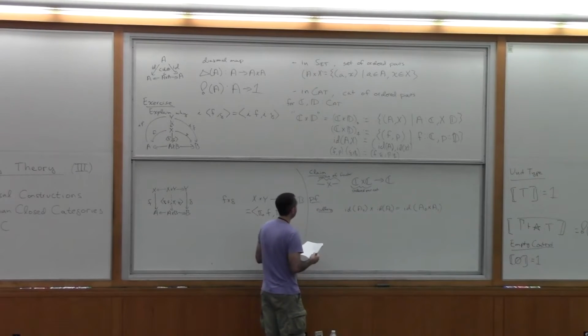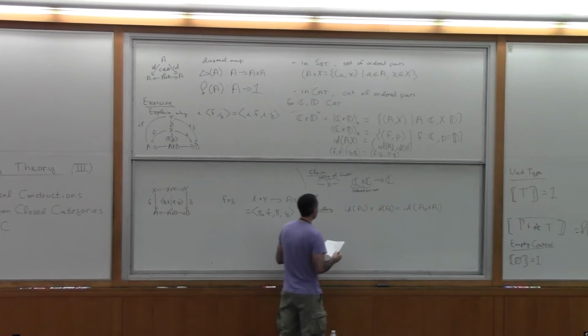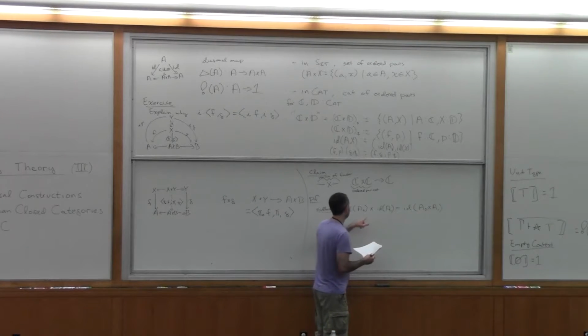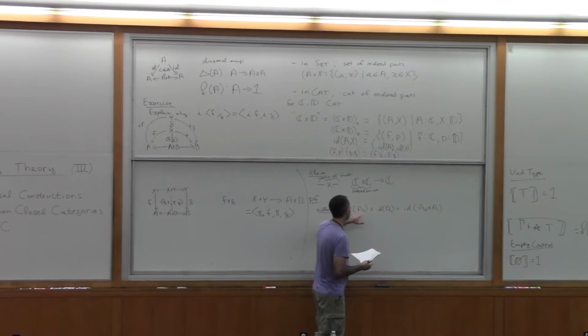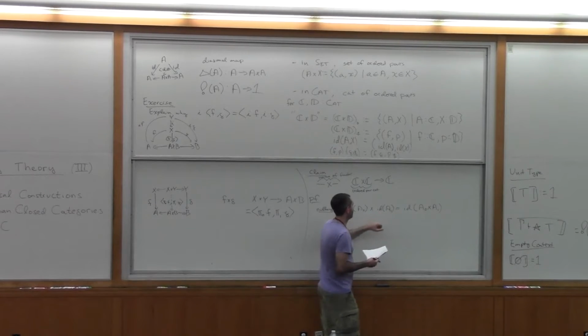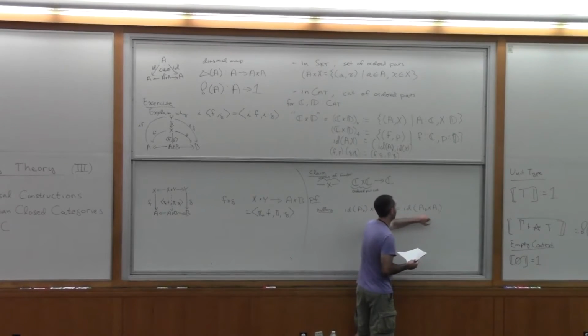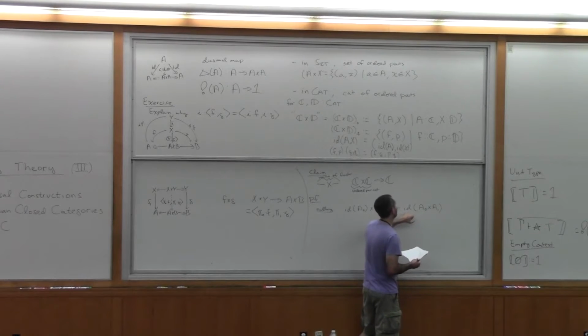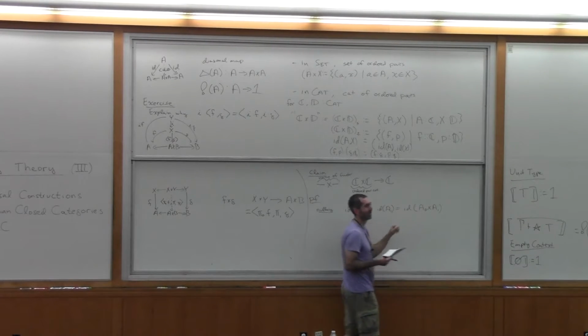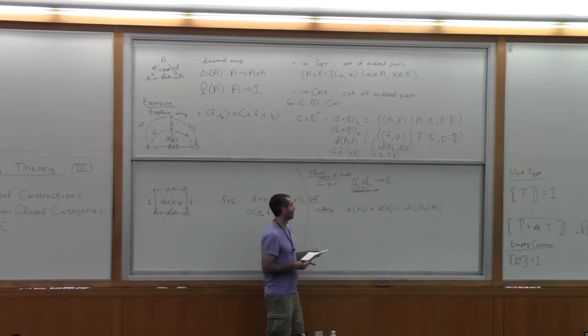Because this is the functor image of the identity maps, whereas this is the identity map on the functor image of the objects, right? See how that works?